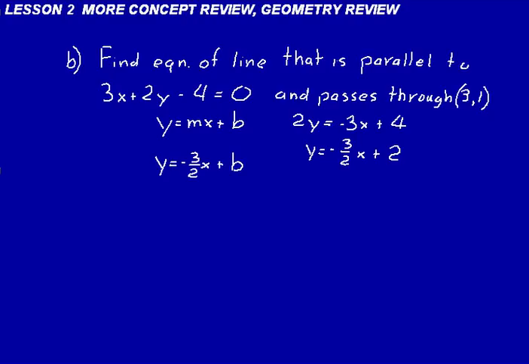We know our slope. We need to find our y-intercept, and we can figure that out by just substituting that point 3, 1 into this equation, and we can solve for the y-intercept. So y is 1 when x is 3, so we'll have minus 3/2 times 3 plus b. 1 is equal to minus 9/2 plus b.